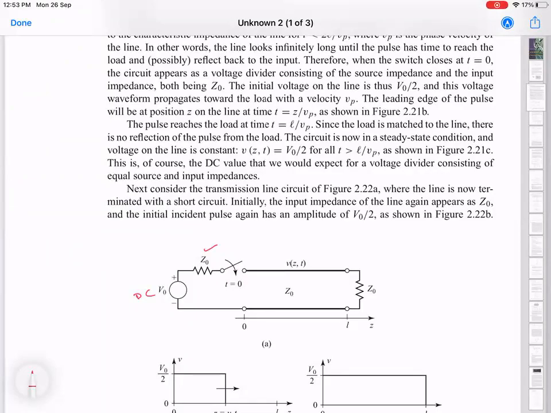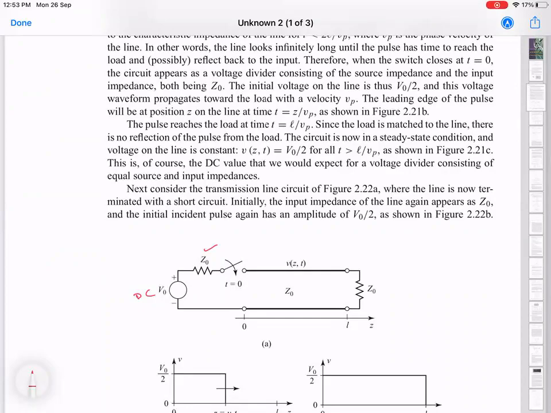And there's a switch here. So initially, this source is not connected to the transmission line. And at the end of the transmission line, it has Z0. So the situation we are going to analyze is what happens when you turn this switch on and connect the DC source to the transmission line.